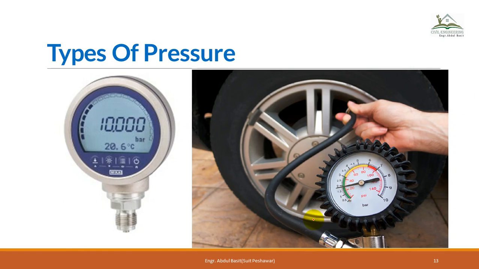This is a simple example of gauge pressure. This gauge is giving us a pressure of 0 bars. For example, someone checking the air in your car tires will first pick up a gauge, and you'll find that the pressure measured initially, when it is not attached to your tire, is 0.